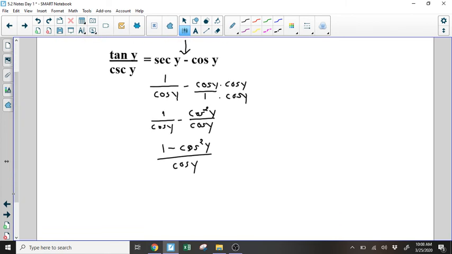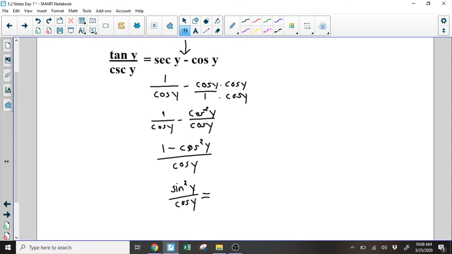One minus cosine squared is our Pythagorean identity, so I can replace that with our sine squared. And at this point, we have some manipulation to do.